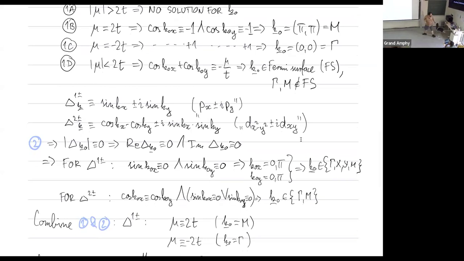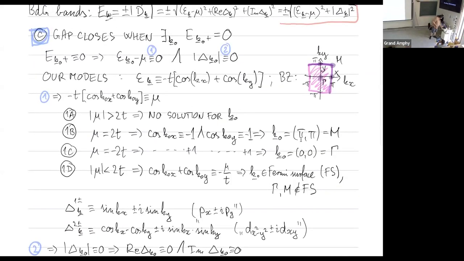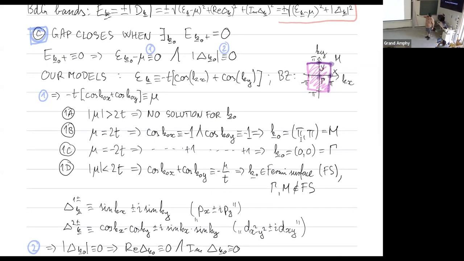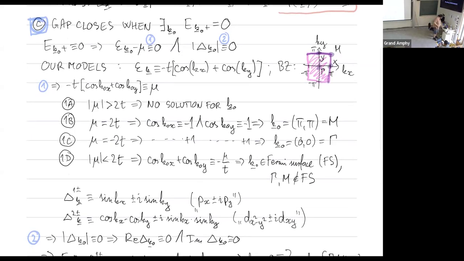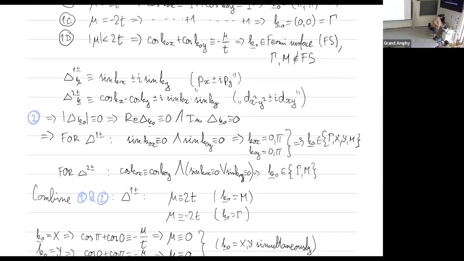Those are the 4 points: gamma, X, Y, and M. These 4 points, when I take the negative of them, I come back to the same point. So these are even. Then the dispersion is odd. It has to go to 0 there. And it turns out it doesn't go to 0 anywhere else. So you can just solve these sine functions, and that's the possibility.